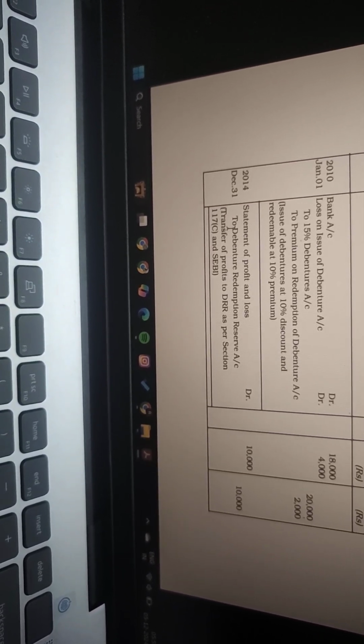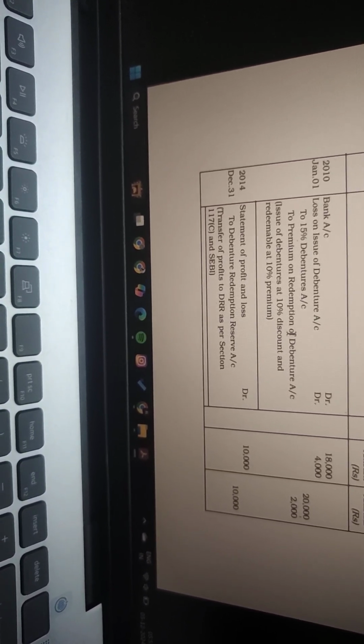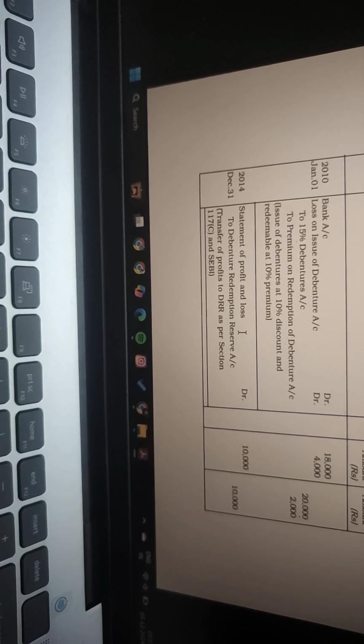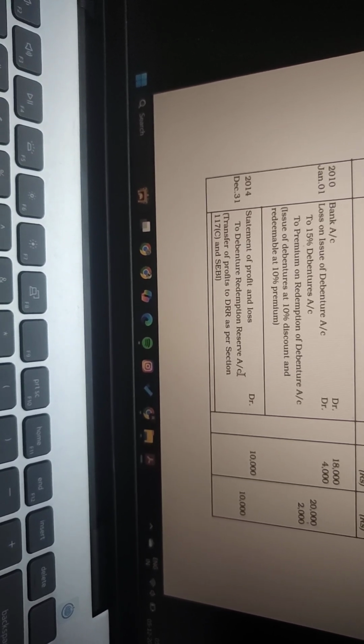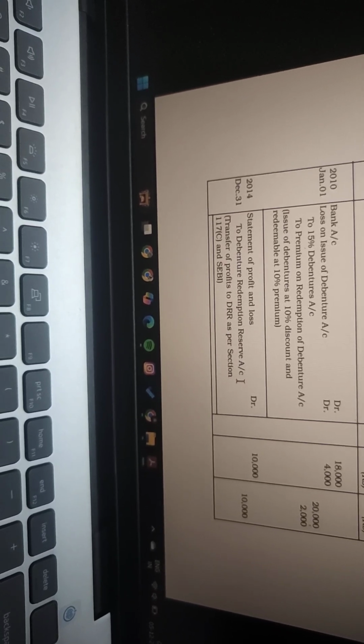Here the debenture redemption reserve account has to be created, and we have to transfer the amount to the debenture redemption reserve. That is, statement of profit and loss account debit to debenture redemption reserve account.